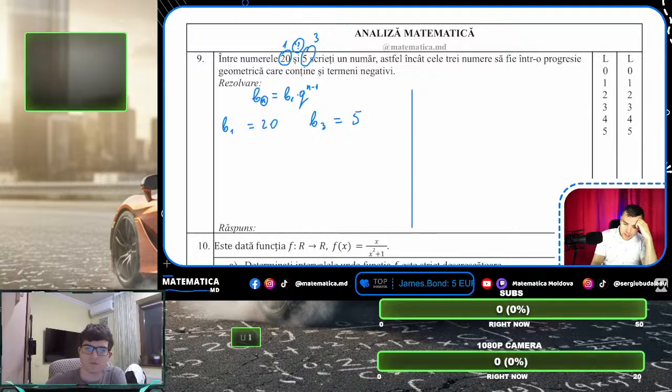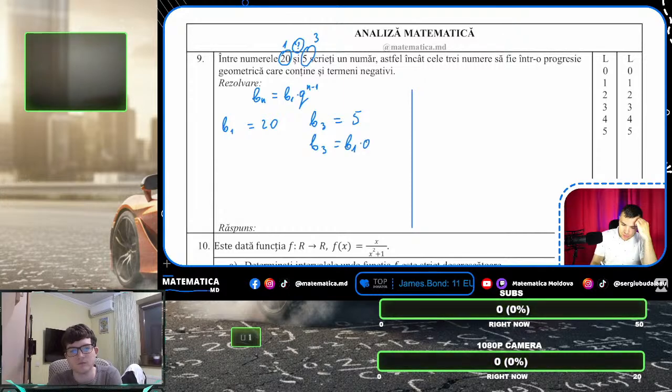Alrighty. Move on right there. B3 is B1 times q to the power of 3 minus 1, so that's going to be q squared. B1 is 20, and B3 is 5.